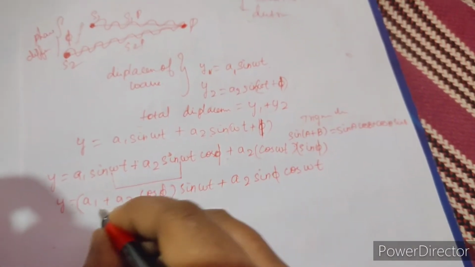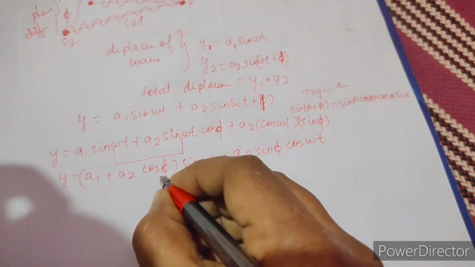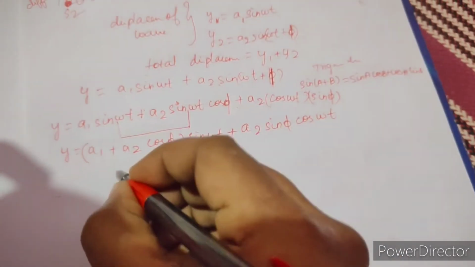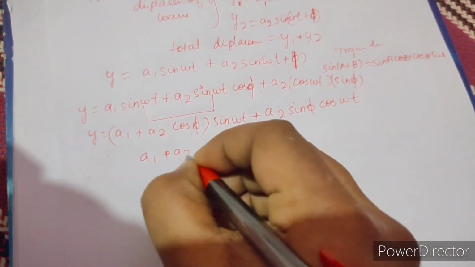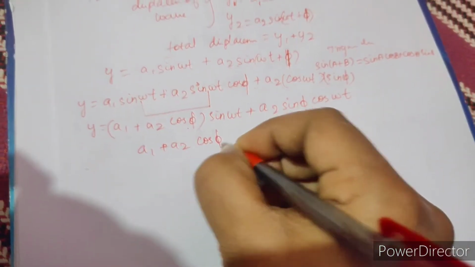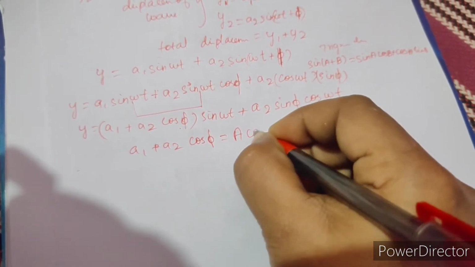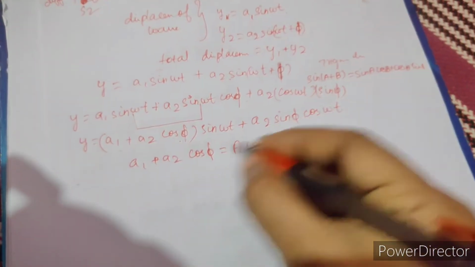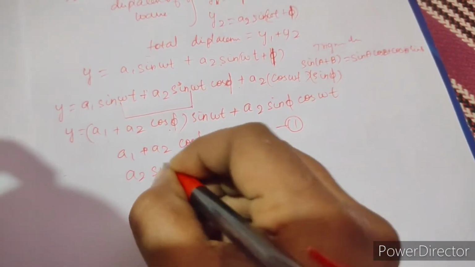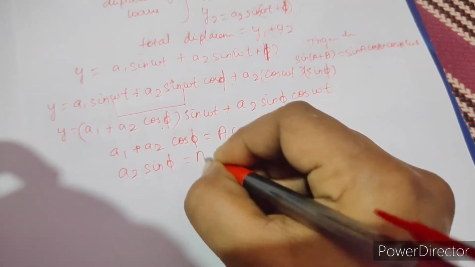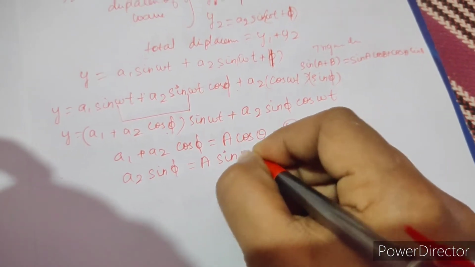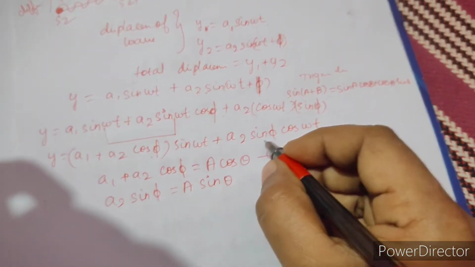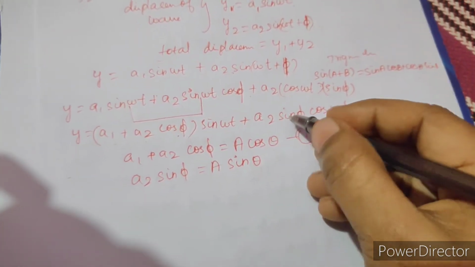Now I am going to represent a1 + a2 cos φ with a new term. So a1 + a2 cos φ = A cos θ, and keep this as equation 1. And a2 sin φ = A sin θ. Now we apply these terms in the equation.